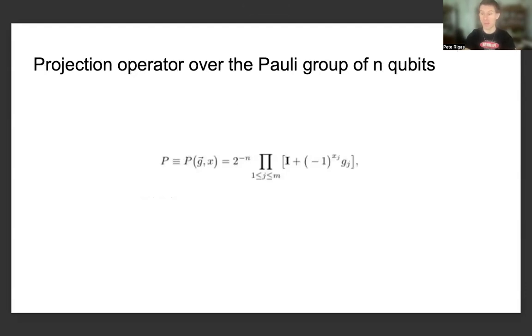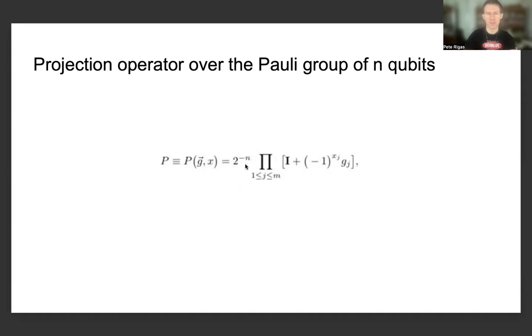And to further go back to some parts and components that we had described in the first presentation, we were looking at making significant use of the projection operator over the Pauli group of n qubits, which is given by P, where P is a function of this vec G, where vec G is an element of the Pauli group supported over n qubits, as well as X. It's oftentimes taken to be just a rational parameter, or other types of parameters U and V for vectors.